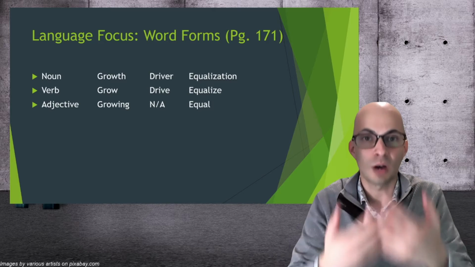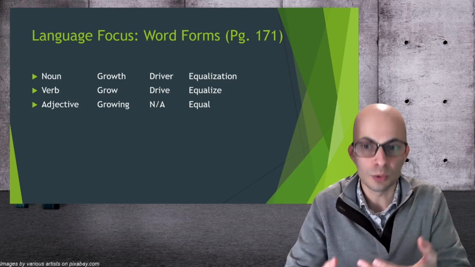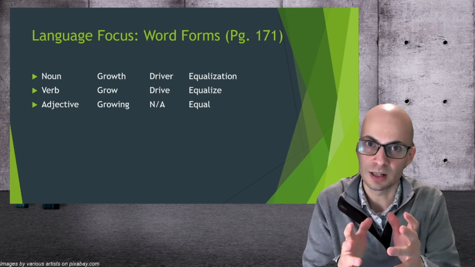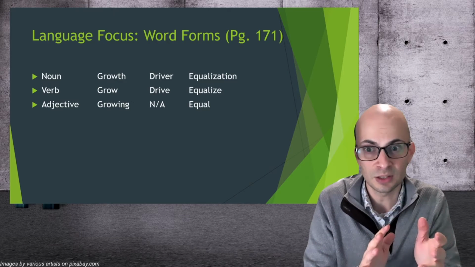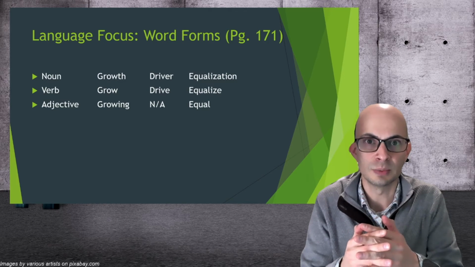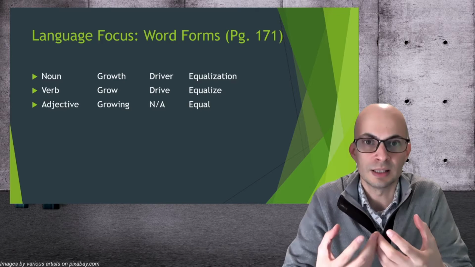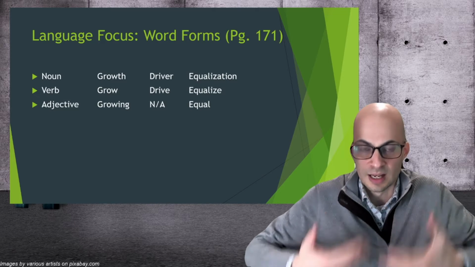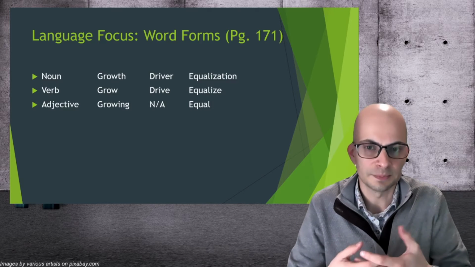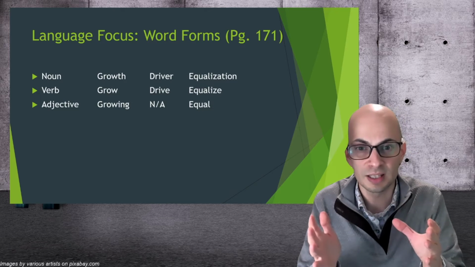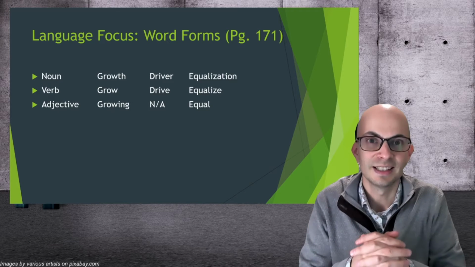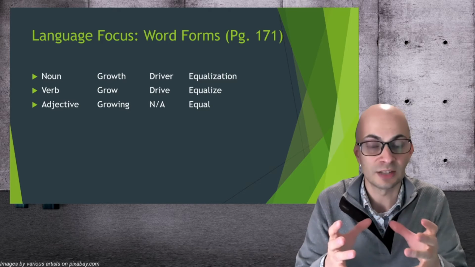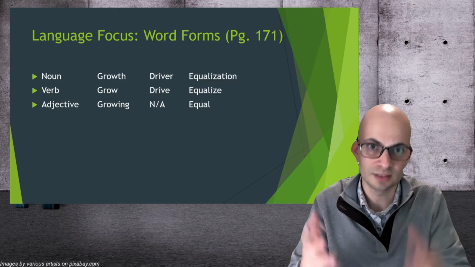These are describing words. Growing could also be a verb in present continuous, but it can also be describing something that's happening, this thing that's going on inside. I couldn't think of an adjective for drive, and an adjective for equalization is just equal.